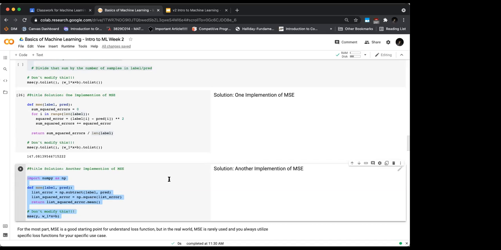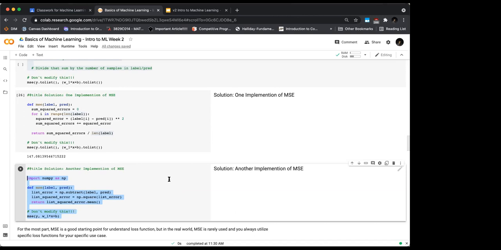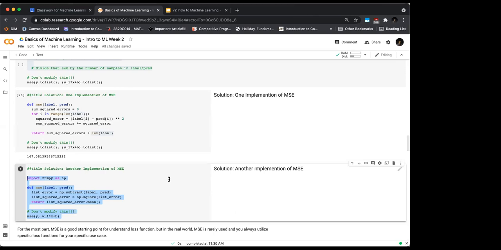What does dot subtract mean? Does it mean you subtract all of the label values versus all of the predict values? Yeah. And then I think you square all of that. That's what np dot square means. And then you return the mean of that. Yeah.